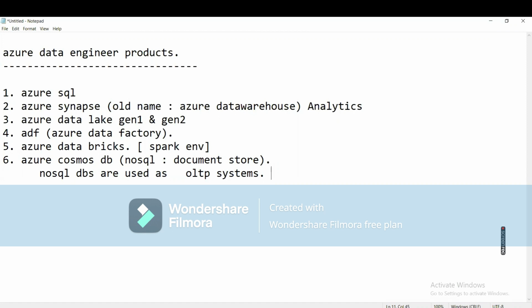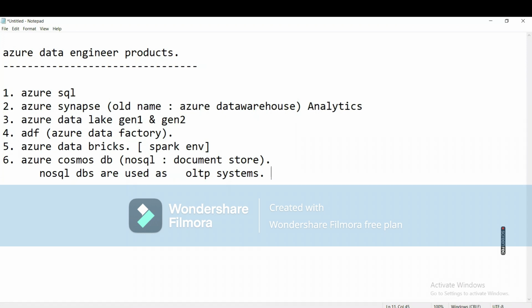Suppose I want to perform analytics, and your client data is in Azure Cosmos DB. His requirement is not satisfied by an RDBMS. He has records with different schemas. That's why your client is using Azure Cosmos DB. At that time, using ADF, you should know how to connect with NoSQL.